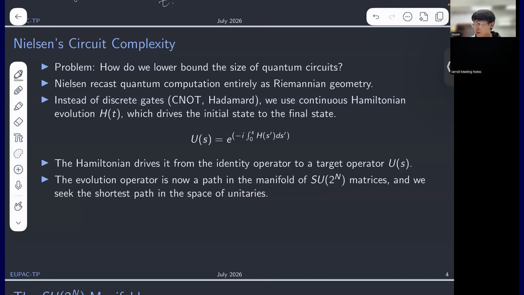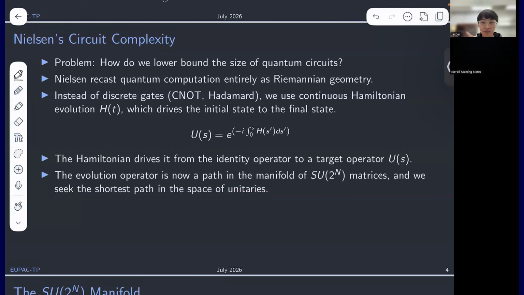Firstly, they define a Schrodinger equation for every unitary operation in the circuits. The Schrodinger equation looks like this.